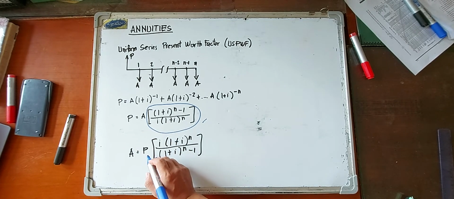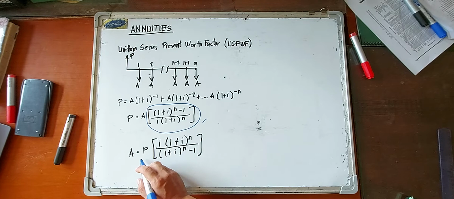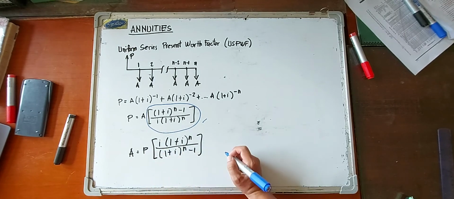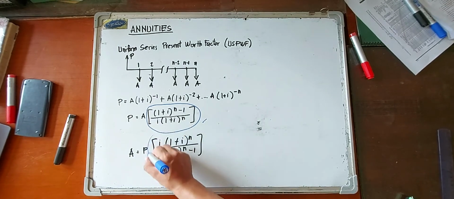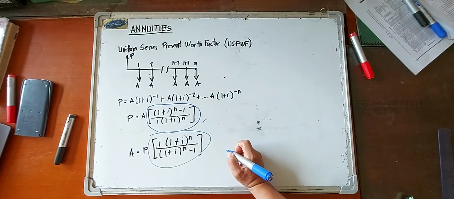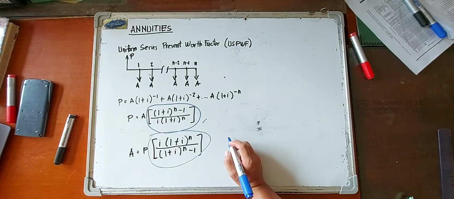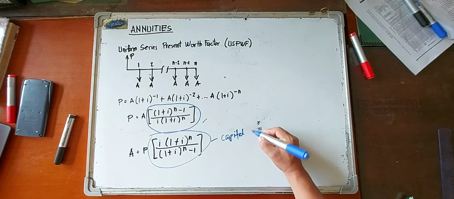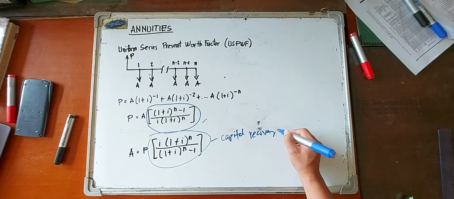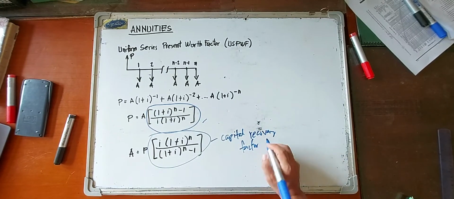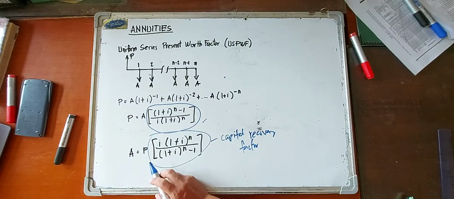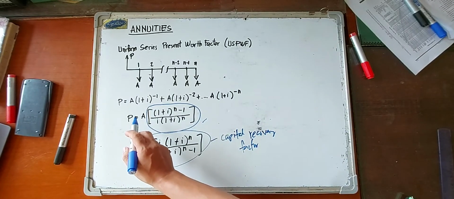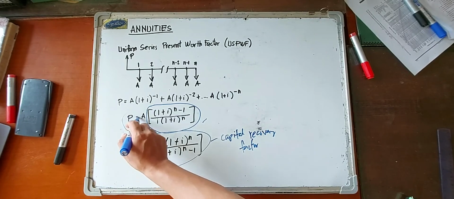Then we will be arriving with a formula or an equation to solve for the periodic payment A. So we call this, itong naka-bracket, ang tawag natin dyan ay the capital recovery factor.